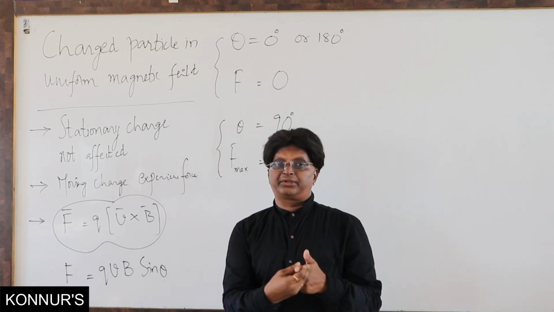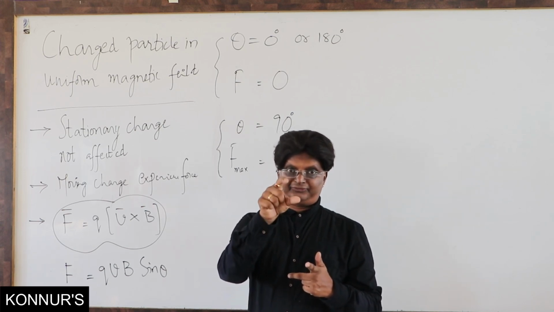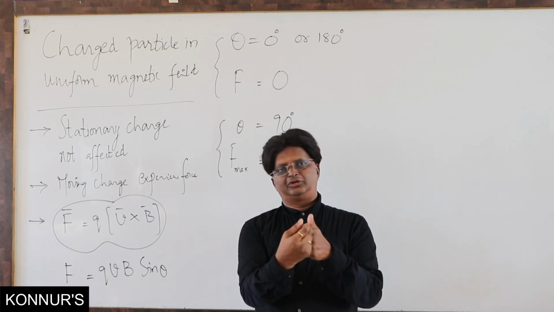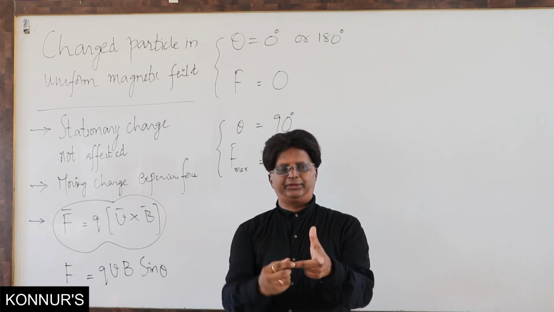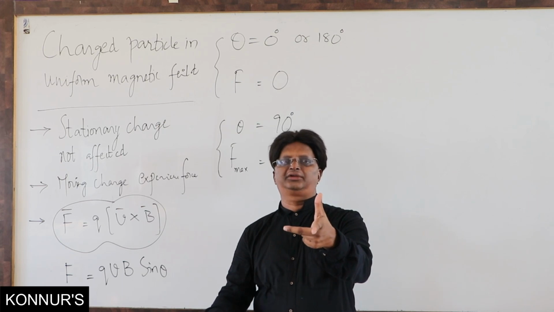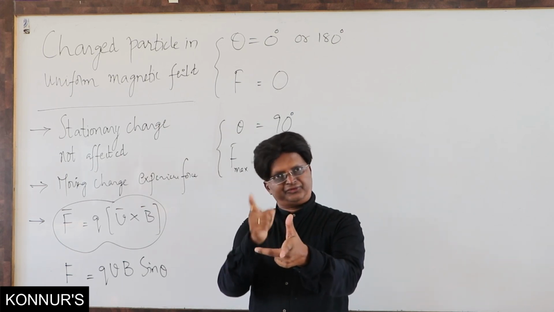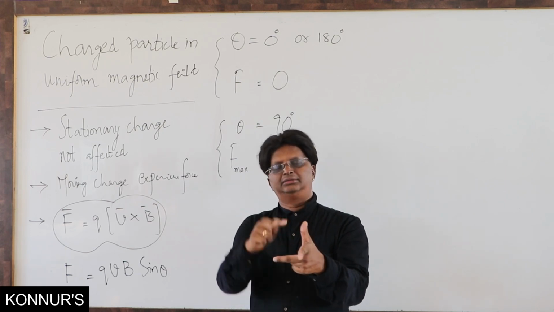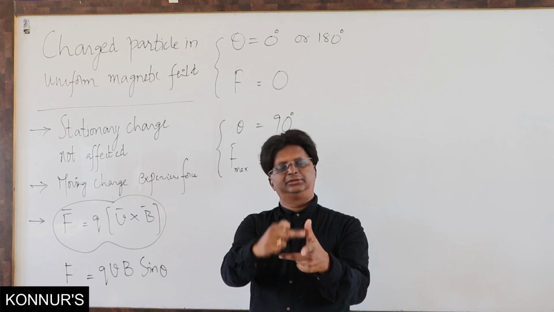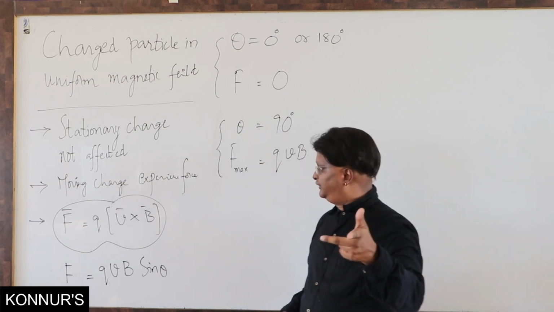Index finger represents the direction of field. Index finger, take that I for induction, the direction of magnetic induction. If these two represent like that, then the thumb shows the direction of magnetic force. Thumb, T for thrust, thrust for force. That is how we remember. C, current. I, index, induction. T, thrust, the force. Like that we remember this.